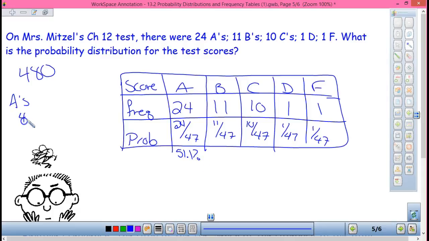So I got to take 480 times 0.511. And how many is that? 45 students. Got it. Horrible? No, it shouldn't be.